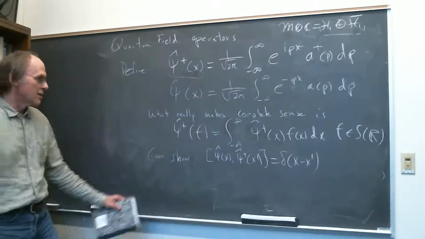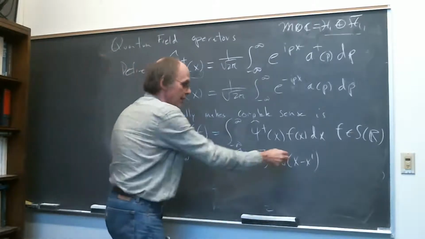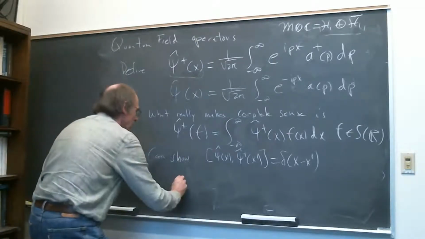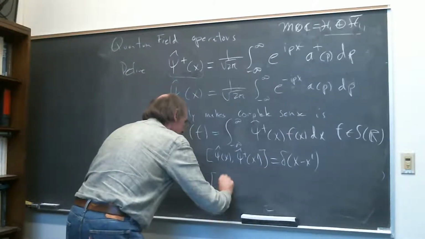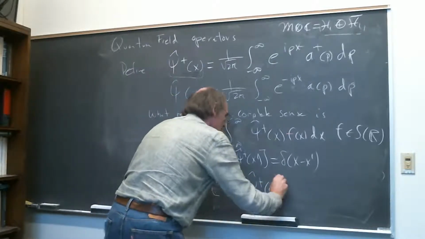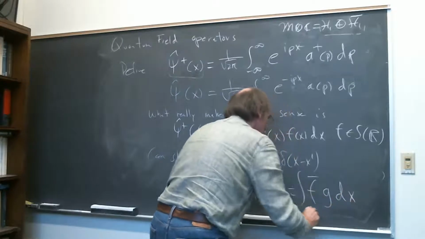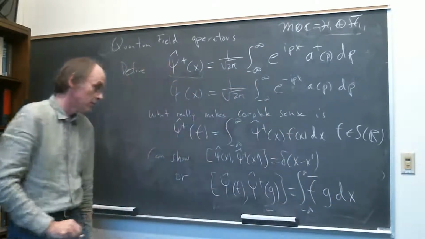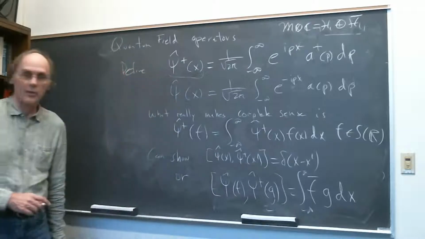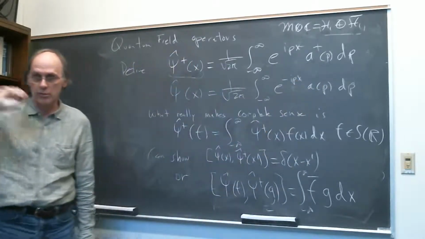The psi's commute with each other, the psi daggers commute with each other, and psi and psi dagger have this kind of commutation relation, which in terms of these guys, psi of F and psi dagger of G, is the integral of F bar G dx. So it's really the inner product of these guys. It's just the Fourier transform, the story I told you about these guys, and it's the same story.